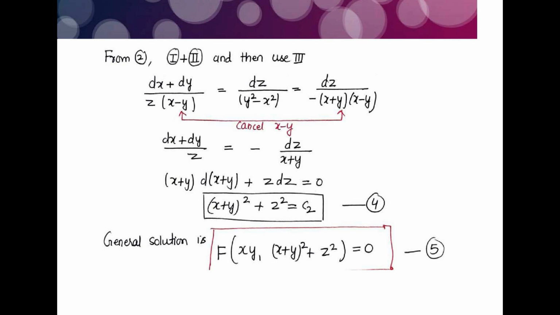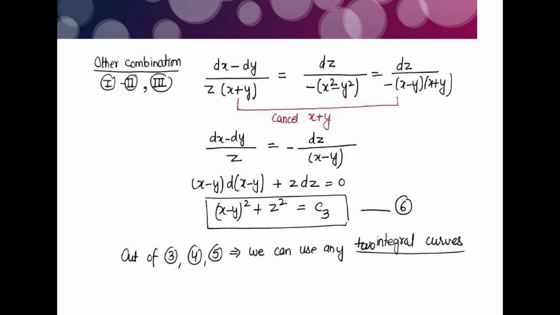Now it is in integrable form. And finally we have equation number 4. Hence the general solution of partial differential equation 1 is given by capital F as a function of xy, comma x plus y whole square plus z square equal to 0.